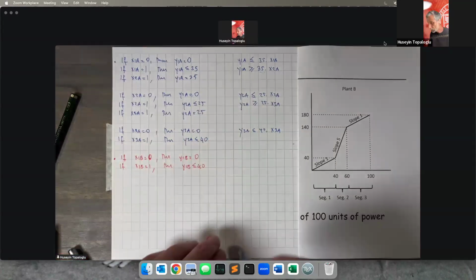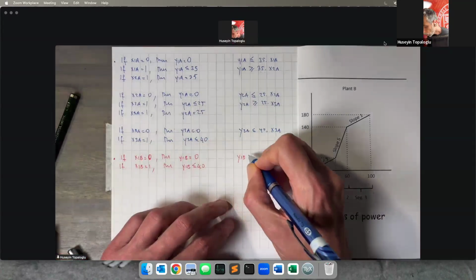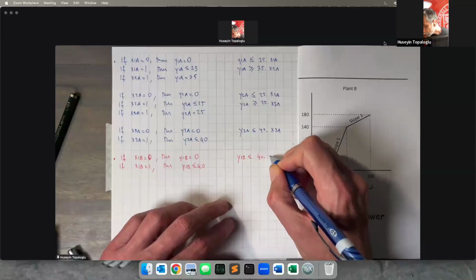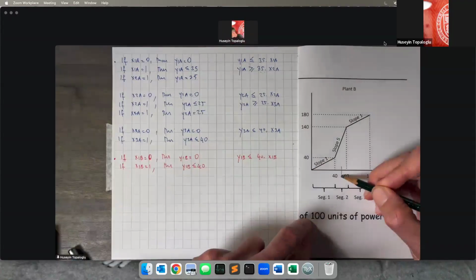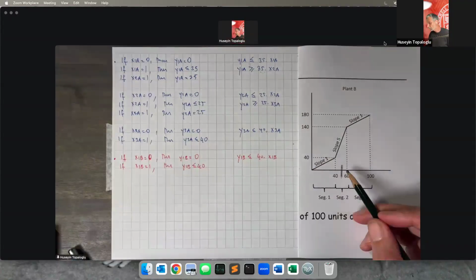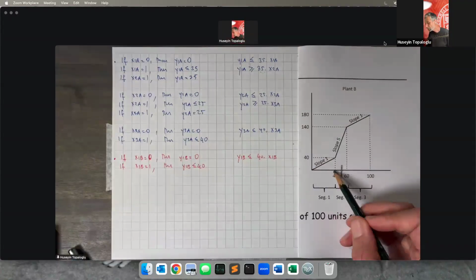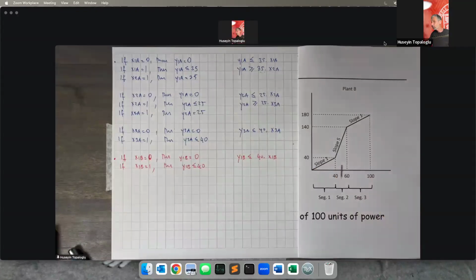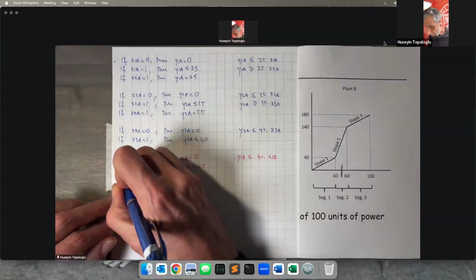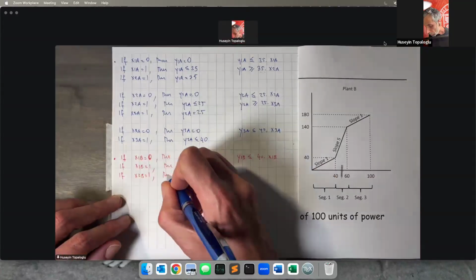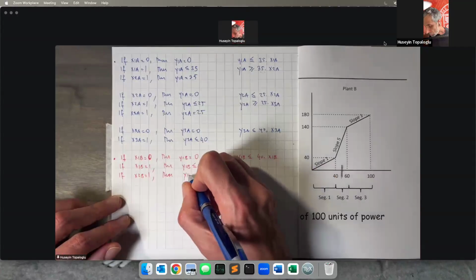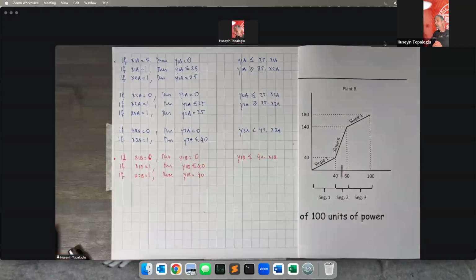Then to capture these two relationships, we're going to write a constraint y1b is less than or equal to 40 times x1b. But on top of that, if we're utilizing the second segment in plant B, then the first segment in plant B has to be utilized to full extent. So if x2b is equal to 1, then the utilization of the first segment in plant B has to be full.